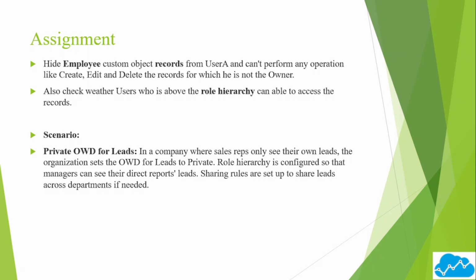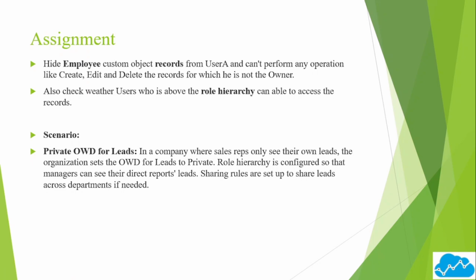If someone is at the top of the hierarchy or above that particular user's hierarchy, he can access the record. Sharing rules are set up to share leads across departments if needed. In case it is needed, sharing rules can share the leads.